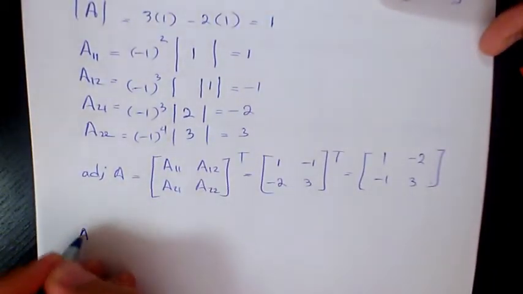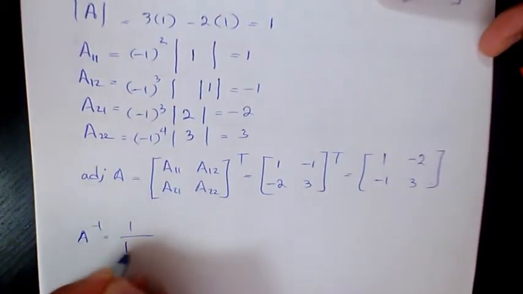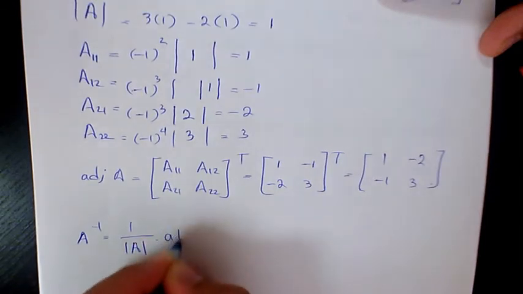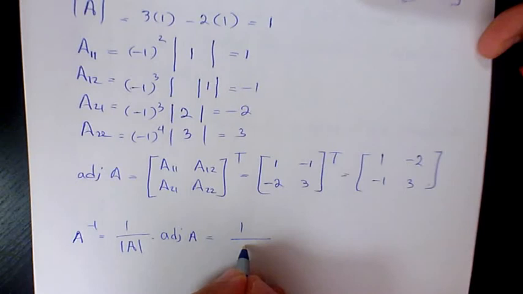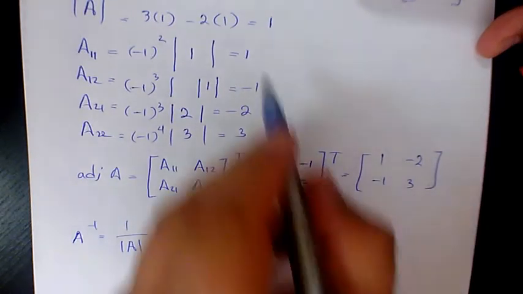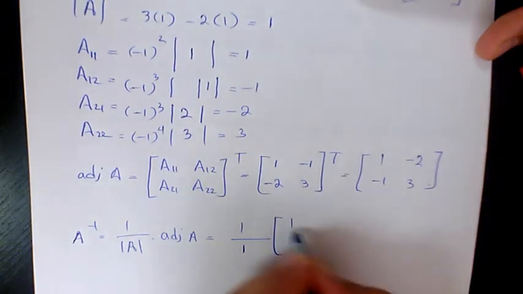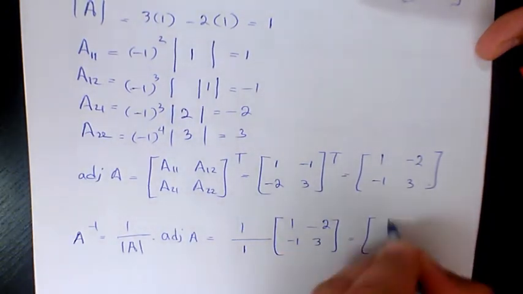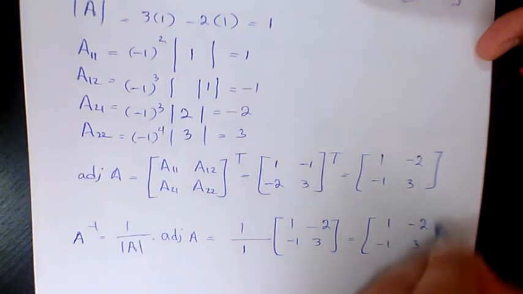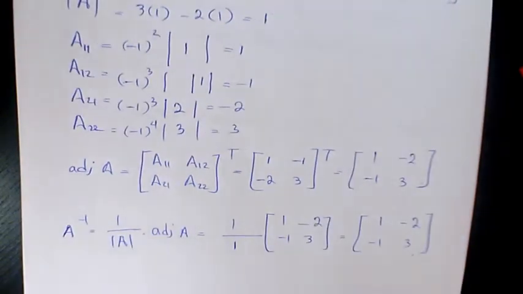So that's the adjoint. If we want to find out the inverse of A, that's going to be 1 over determinant of A times adjoint of A, which is going to be 1 over 1, because the determinant is 1, times 1, -2, -1, and 3, which is going to remain the same thing. That's going to be the final answer.